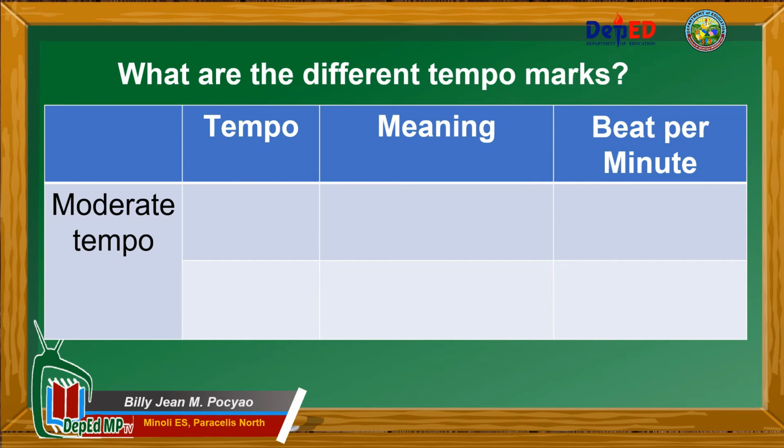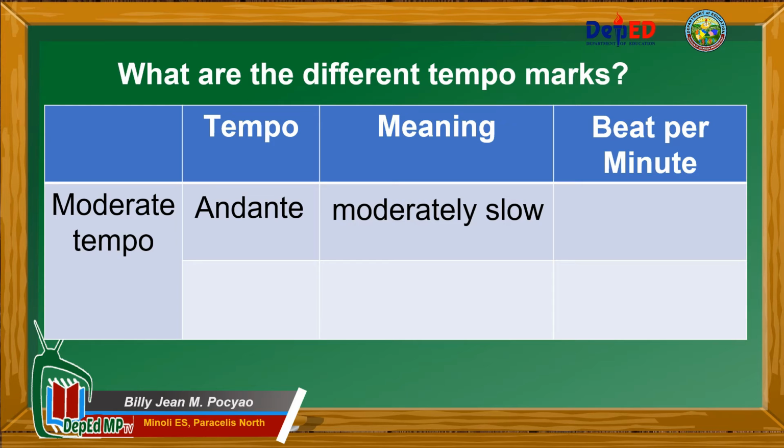We have here the moderate tempo like andante. Andante is a musical tempo marking meaning moderately slow. The literal meaning of the Italian word andante is at a walking pace, with suggestions of easygoing, or it could be simply uniform, like the regularity of a walker's tread.